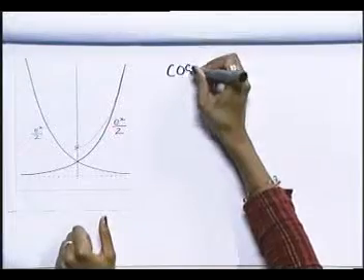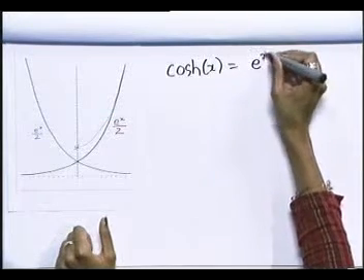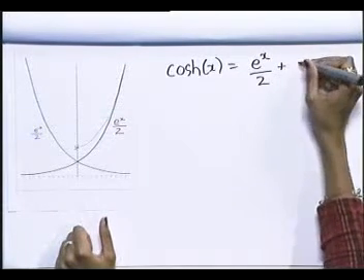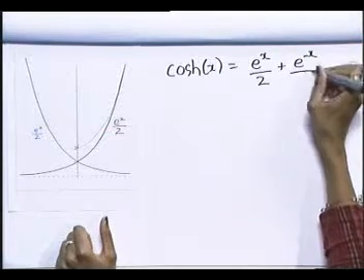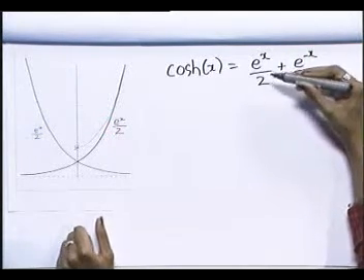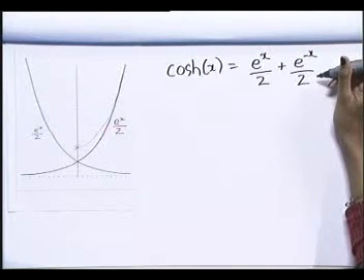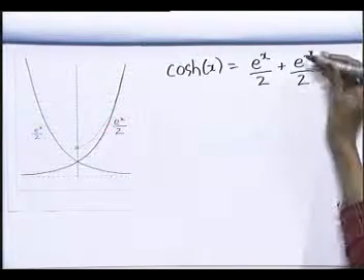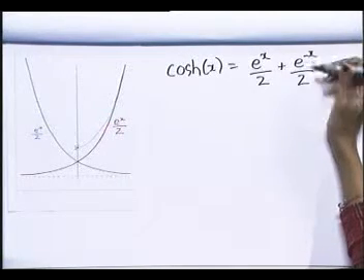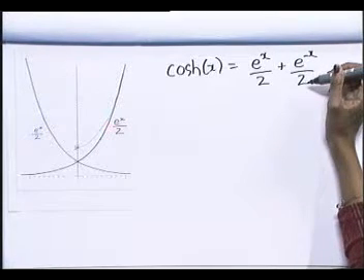So writing cosh x again as e to the x over 2 plus e to the minus x over 2, we can see that the first part of the sum this time gets very, very small, and the second part of the sum gets very, very big. So the whole thing, as x gets larger and negative, will get closer and closer to e to the minus x over 2.